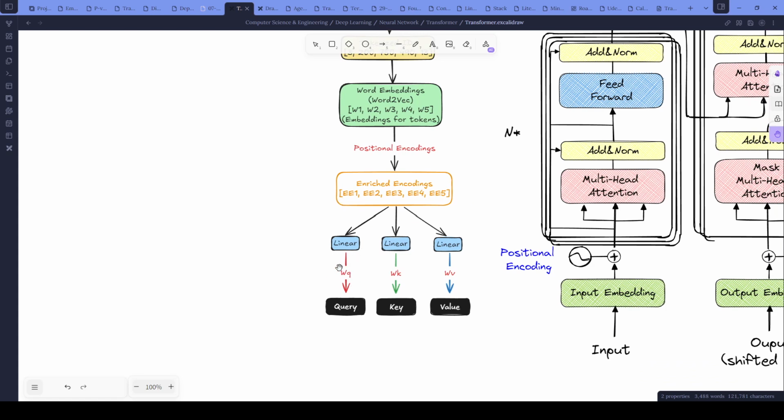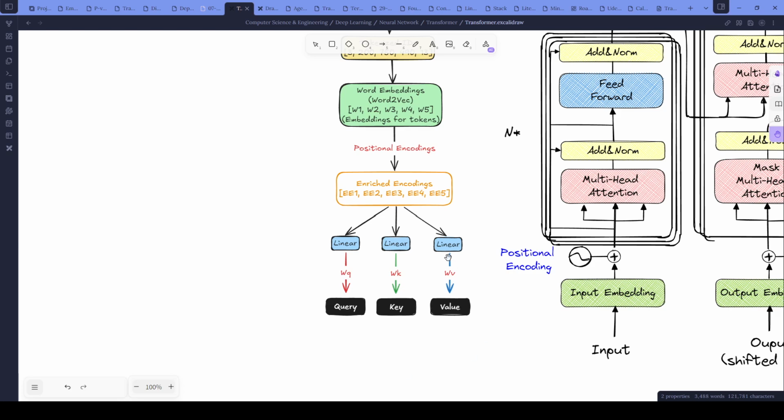So with the word embeddings, there will be one multiplication with the weight matrix of queries, another with the weight matrix of keys, and another with the weight matrix of values.